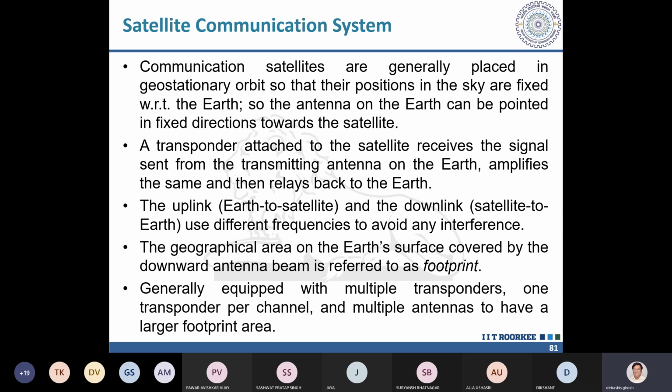Somewhere it is above Singapore. So that's why we always have to point our dish antenna in that direction.